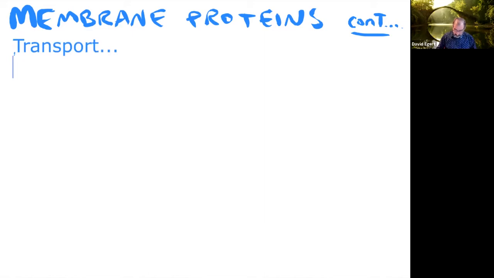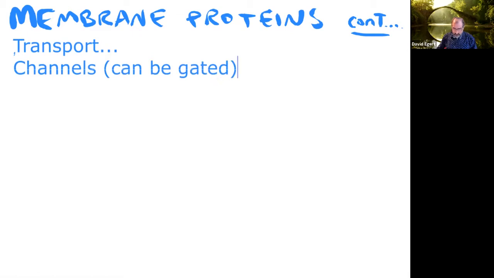We talked about channels. These can be gated. These are usually for ions. Remember, there were ones that let sodium through or potassium through or chloride through, or some group of different things.